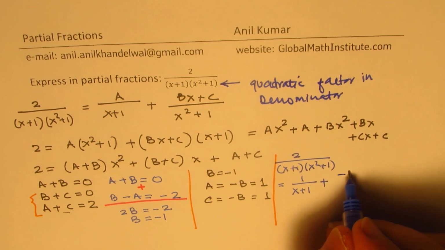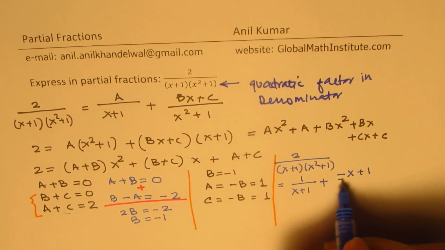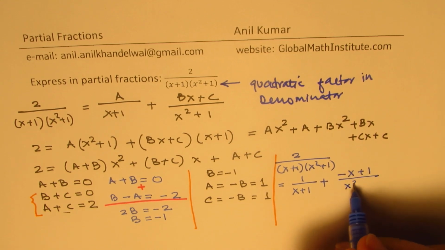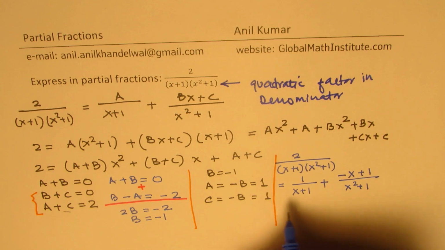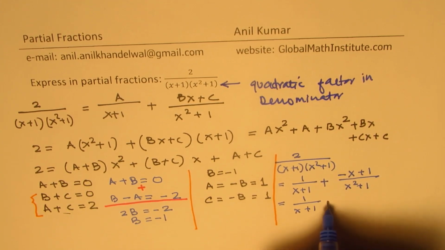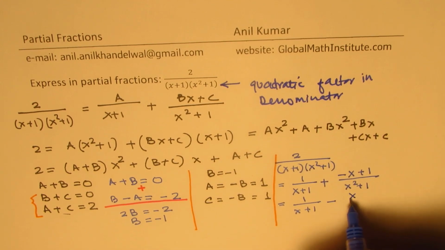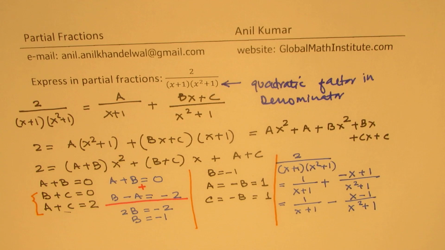So we have minus x, and the value of c is plus 1 over x squared plus 1. Is that clear to you? Correct? So that is how you could write this as 1 over x plus 1 minus x minus 1 over x squared plus 1. Is that clear to you? So that is how we could write the given rational function as partial fraction.